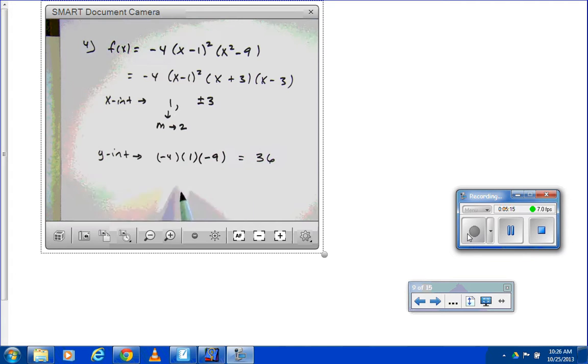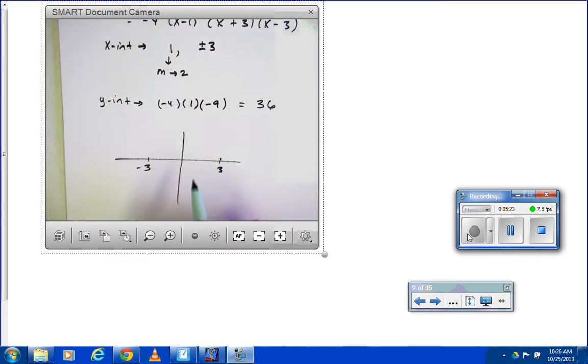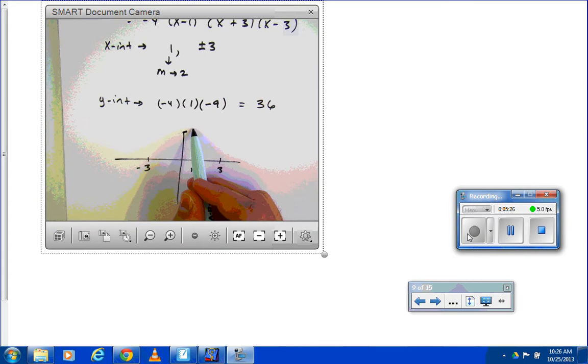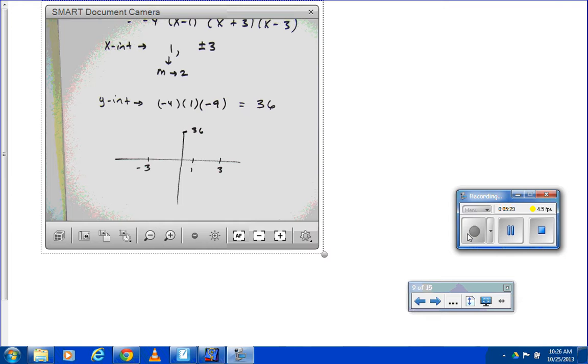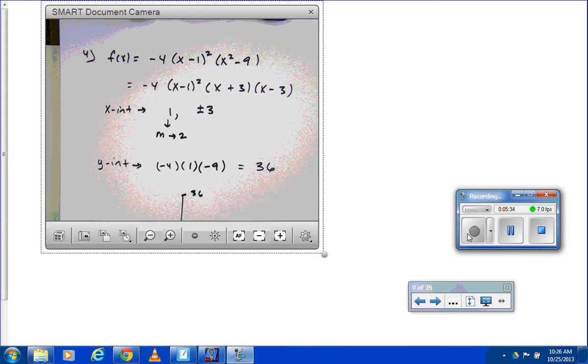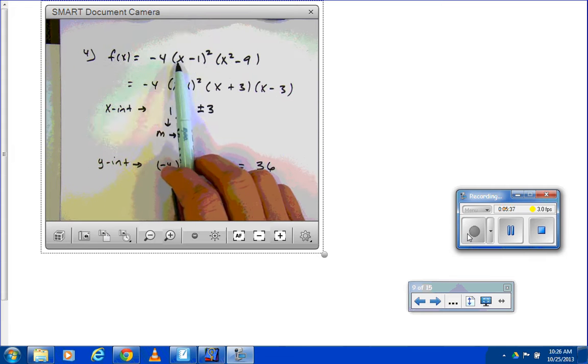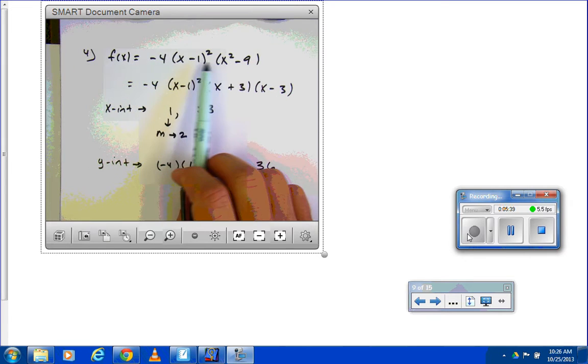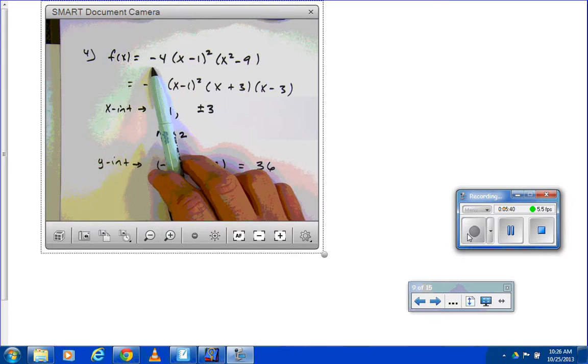All right, let's plot all that on here. So we got plus and minus 3. All right, and 1. And then we got a y-intercept way up there, 36. All right, end behavior, let's go back up. Okay, so we're going to multiply. What would the leading coefficient be if I multiplied all of it out?